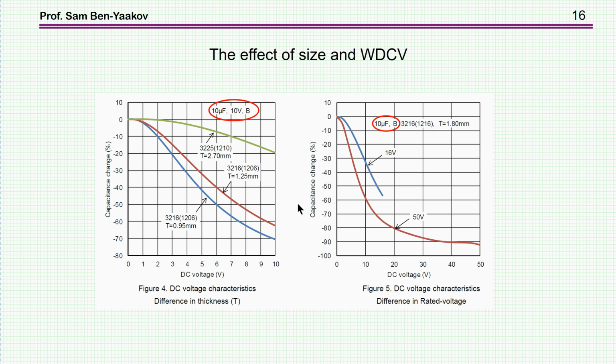Ceramic capacitors behave differently from manufacturer to manufacturer, from package to package, so you have to be very careful about it. However, in this particular case, you see that the 16 volt goes like here, while here, at the maximum voltage, it's 55%, while this one goes to 90%. I mean, only 10% is left of this capacitor. So 1 microfarad here as compared to the 10 microfarad here.